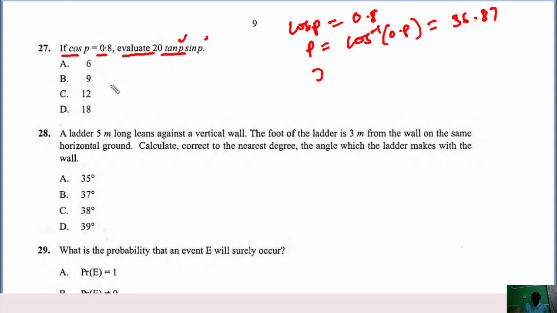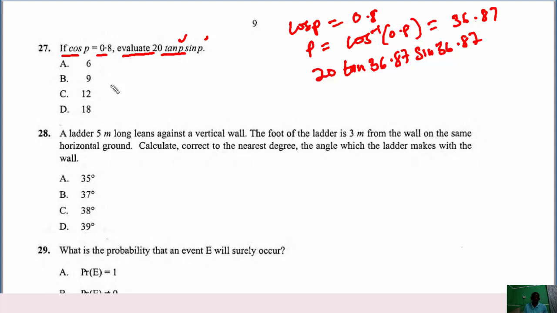Good. So you substitute the P into this and that. So we now have 20 tan 36.87 sine 36.87. So you use the calculator and punch it. 20 sine 36.87 times tan 36.87.